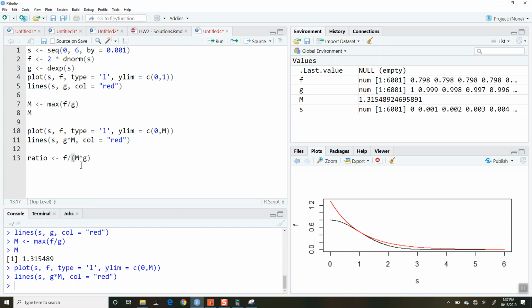And if I just plot s versus the ratio, type equals l, ylim equals 0 to 1, and then let's also do abline, h equals 1.